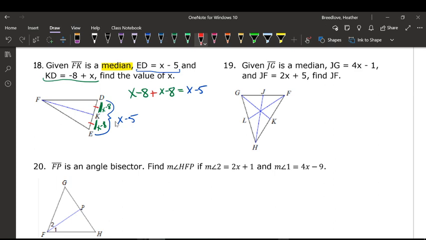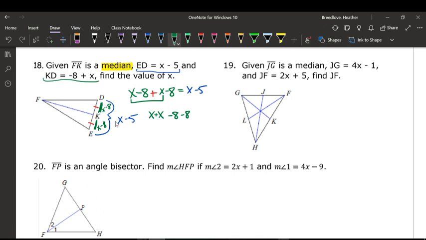Okay, so now I can combine like terms. I have x plus x, or if you have trouble with that, what if I write it like that? x plus x, how many x's do I have? And then minus 8, minus 8. Group them together if you have trouble figuring out if it's x squared or 2x. How many x's do I have?